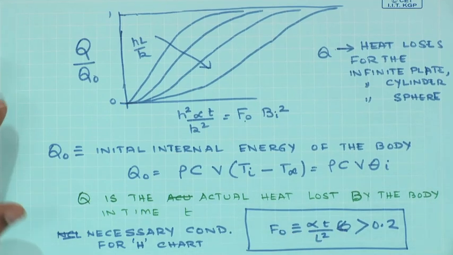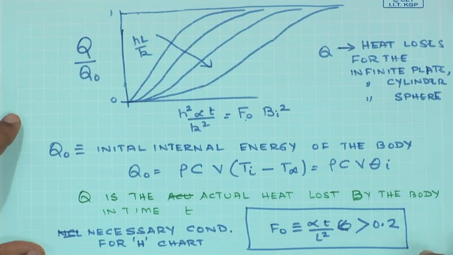So, this condition has to be kept in mind while using the Heisler chart for calculating the energy, the centerline temperature, or the temperature at any point in between the center and the surface of the object.